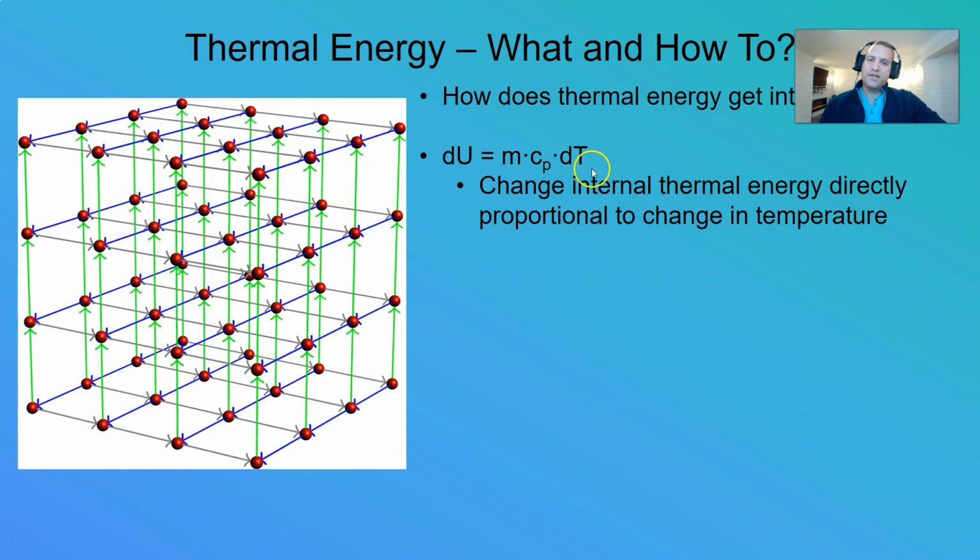So this equation tells us that if you increase temperature, that means that an increase of energy must have occurred inside the object, the increase of free thermal energy. Likewise, if you increase the free thermal energy inside this object, that will mean that you have to have an increase in temperature. So if the internal energy goes up, the temperature goes up. Or likewise, if you make the temperature go up by some means, then the internal energy goes up. So change in internal thermal energy is directly proportional to change in temperature.